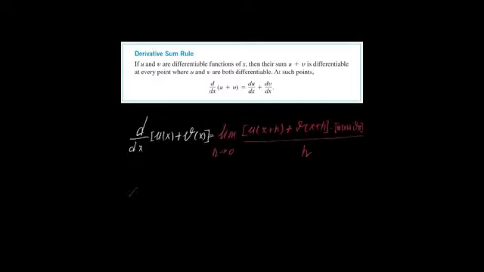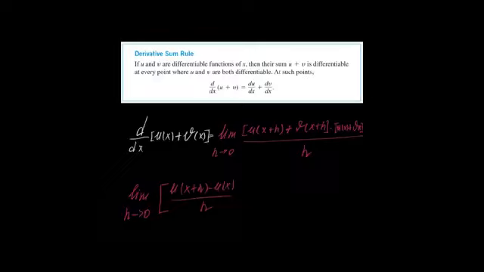Proof. We apply the definition of the derivative to f of x equals u of x plus v of x. The derivative of u of x plus v of x with respect to x equals the limit as h approaches 0 of u of x plus h plus v of x plus h minus u of x plus v of x, all over h.